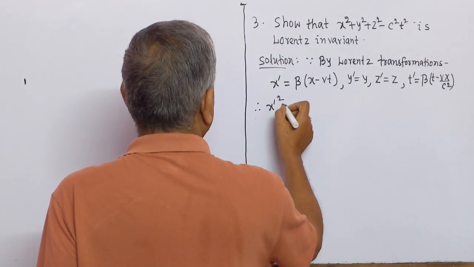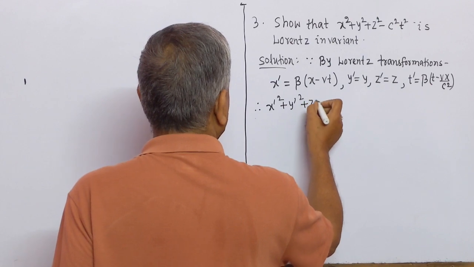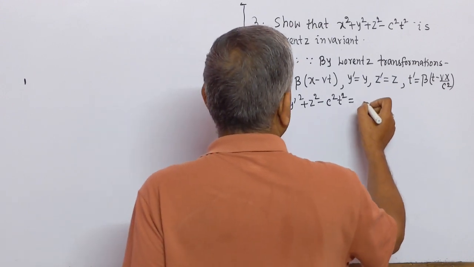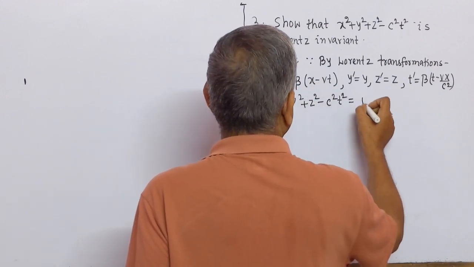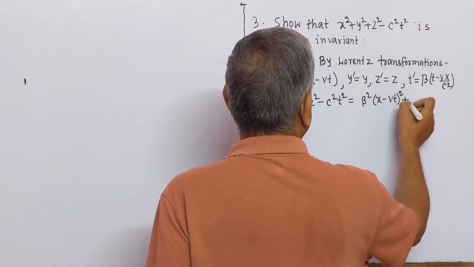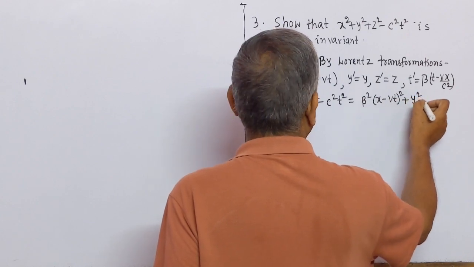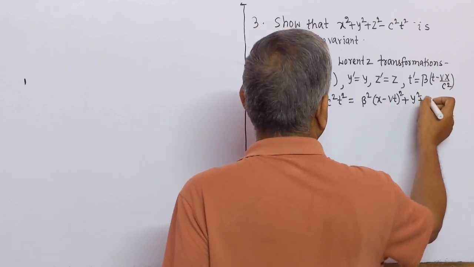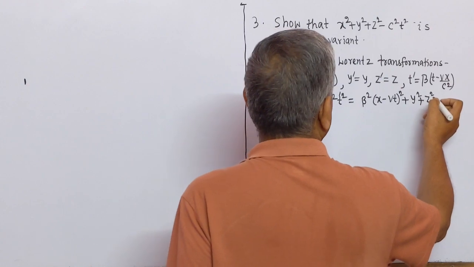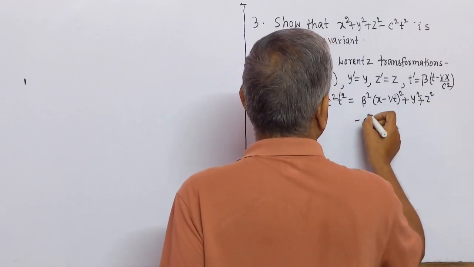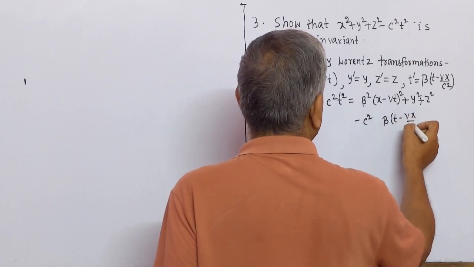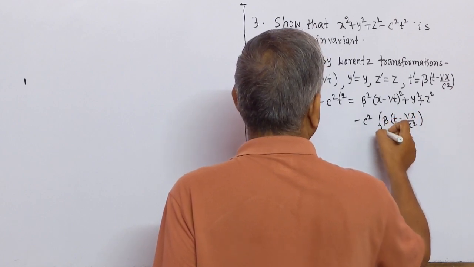Therefore x prime square plus y prime square plus z prime square minus c square t prime square equals, here, x prime is beta square times x minus vt whole square, plus y prime square is y square, plus z prime square equals z square, minus c square t prime square, meaning minus c square times beta t minus vx by c square whole square.